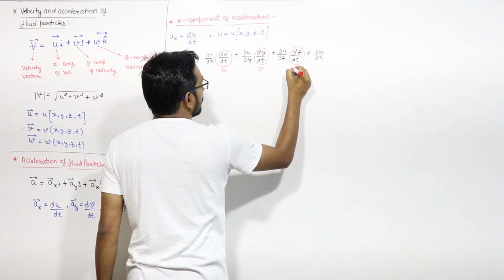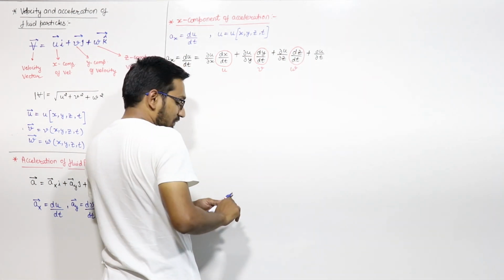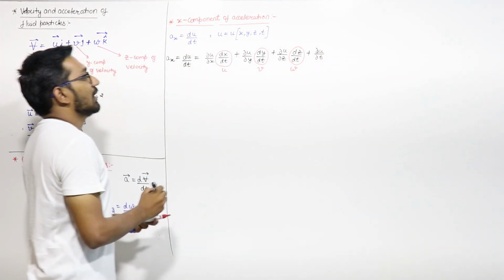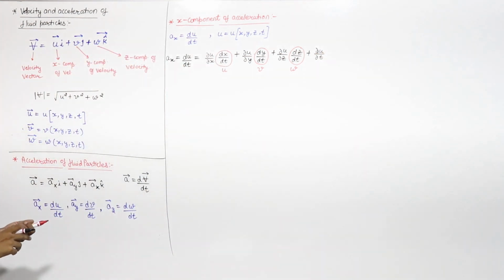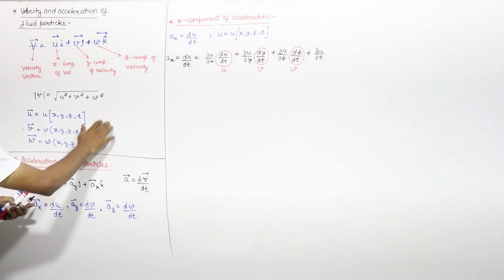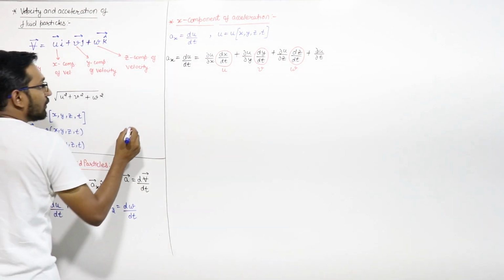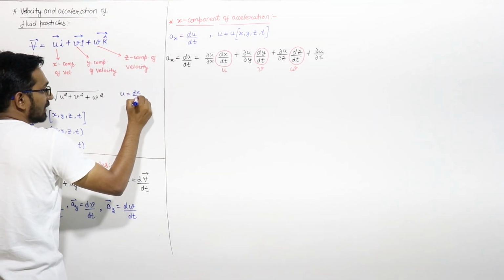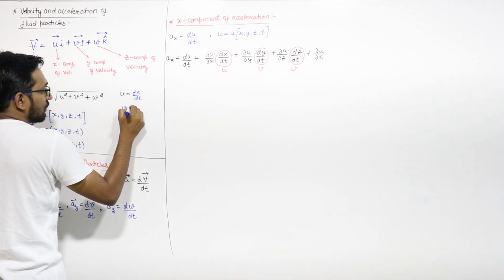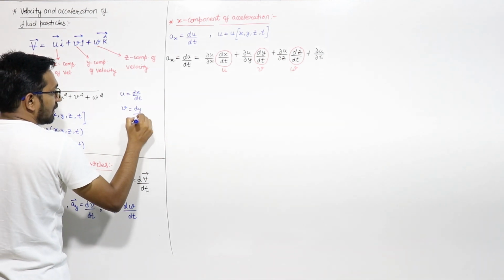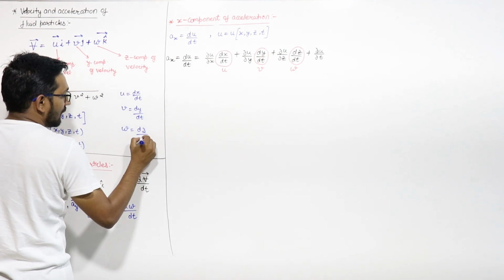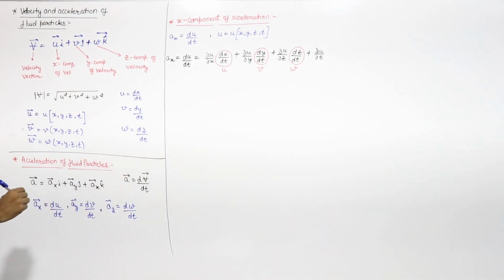This is the z component of velocity, that is omega. So from here you can write: u is dx by dt, v is dy by dt, and omega is dz by dt.